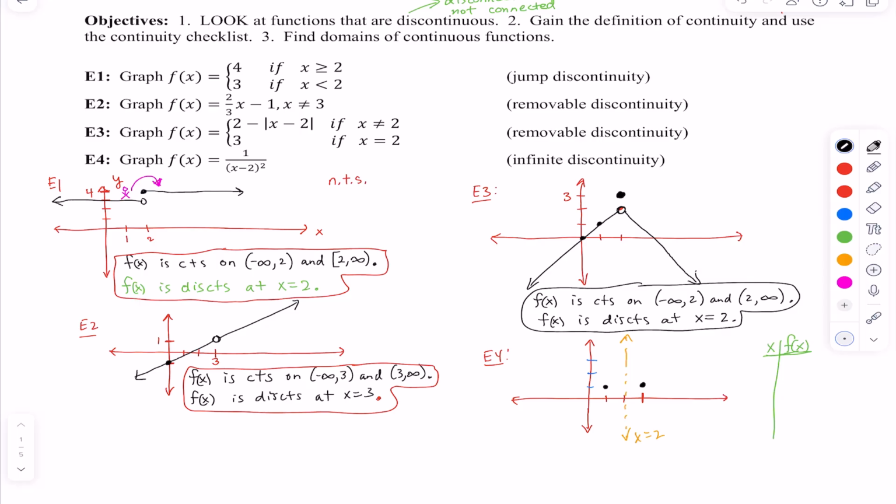If you pick more values, you're going to realize this is a positive value function that behaves like this. That's good enough to realize there is a discontinuity here. Once again, the function is mostly continuous, but it is discontinuous at a very specific x value.